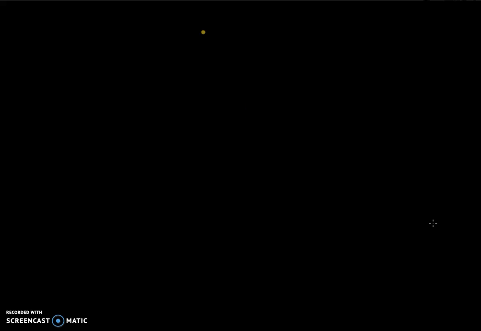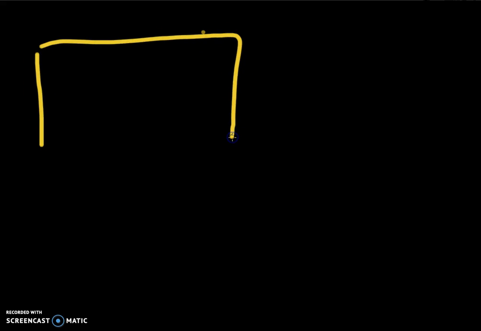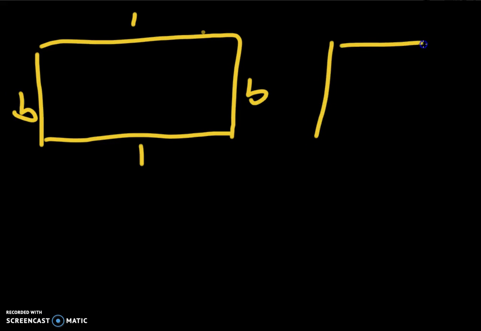Now you've seen what the perimeter is and what the area is. Just know the parts of the rectangle: that's the length, and the breadth. In a square it's the same.